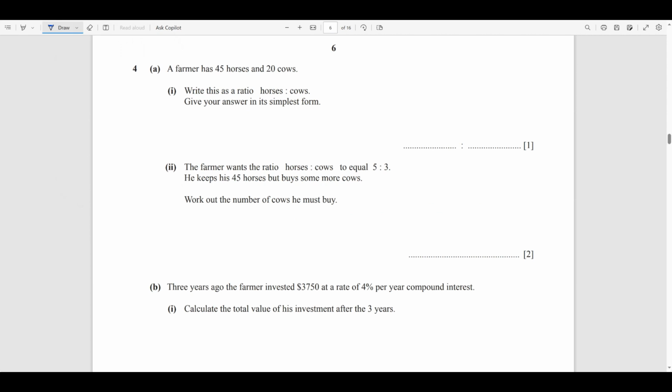Question 4. A farmer has 45 horses and 20 cows. Write this as a ratio horses to cows. So 45 and 20, you can divide them one by one, or you can also take the HCF of them, right? 5 divides both 45 and 20, and 9 and 4 are not further divisible by one common number, so 45 changed to 9 and 20 changed to 4.